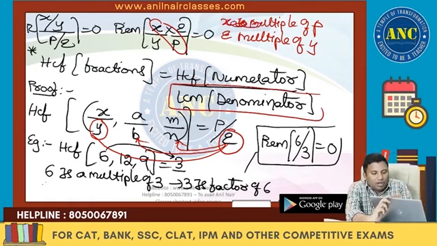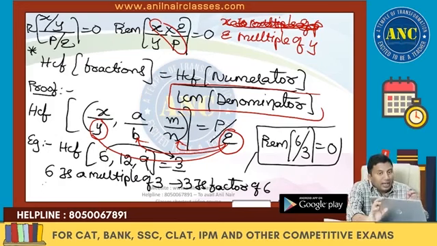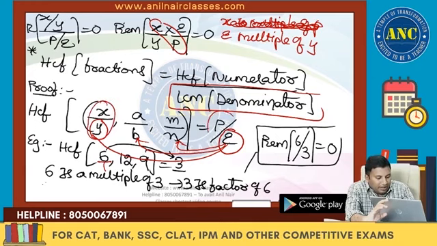Let us take only one thing, where q is a multiple of y. Again I am explaining. HCF of 6, 12 and 9 is 3. That means 6 is a multiple of 3, so 6 divided by 3, remainder is 0. Taking this example, if I write 6 as 6 by 1, x by y divided by p by q leaves 0.